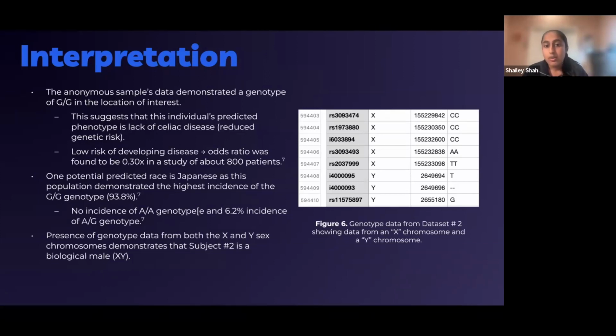It was found that the odds ratio for developing disease was 0.3 in a study of about 800 patients who had this genotype. In terms of predicting a race, one potential predicted race is Japanese ancestry, because this population demonstrated the highest incidence of the normal or GG genotype. Of course, all of the populations had that genotype being most prevalent, so this is just a prediction that we made. Lastly, based on the data, which showed data from both the X and Y sex chromosomes, we determined that subject number 2 was a biological male.